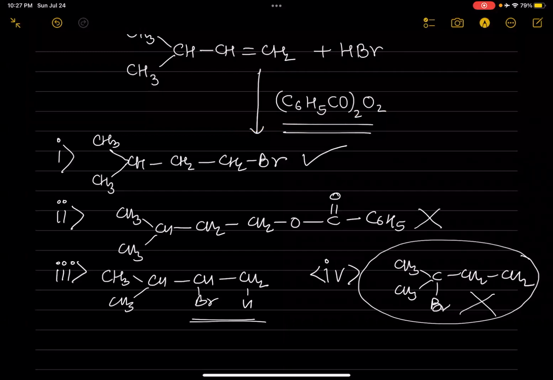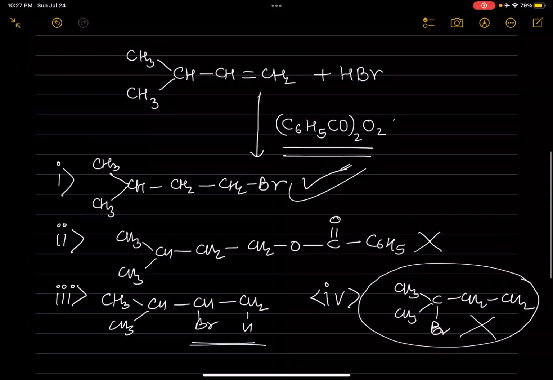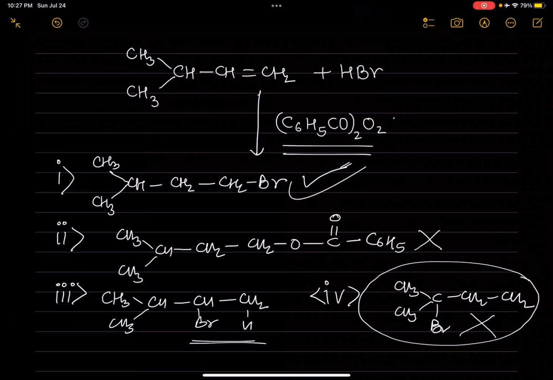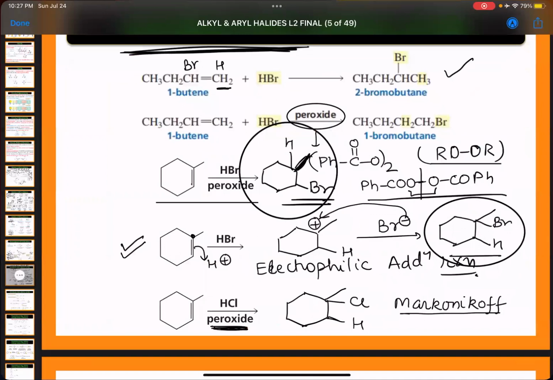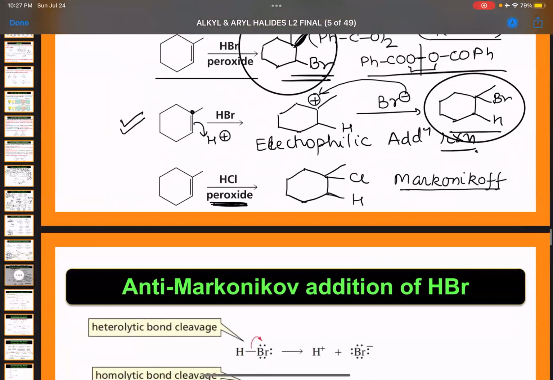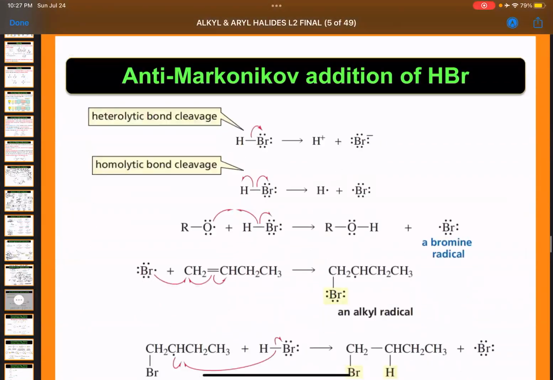But as peroxide is taken, only the first one, anti-Markovnikov addition, is the answer. It is not a carbocation mechanism, it is a free radical addition mechanism. Is it clear? Normal HBr addition is a carbocation or electrophilic addition reaction. So why is it a free radical addition?